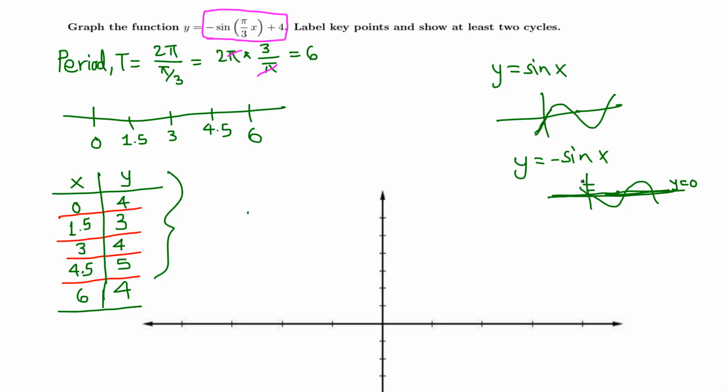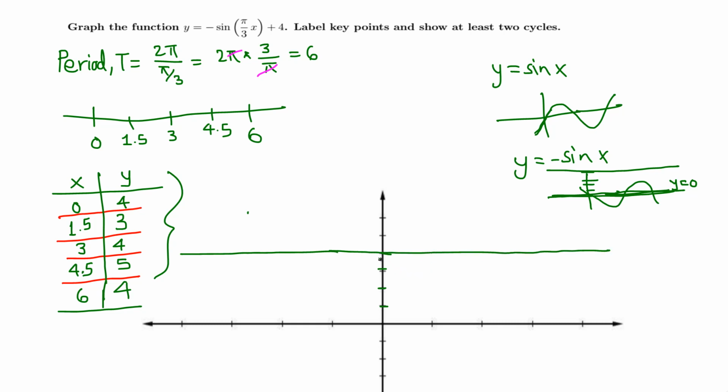So 1, 2, 3, 4. We will be going around this line now. Due to this plus 4, which is the vertical shift by the way, the axis of symmetry, the x-axis, y equals 0, is in fact now at 4. So I can draw a parallel line here, parallel to the x-axis.